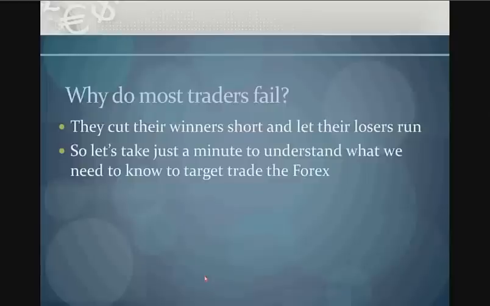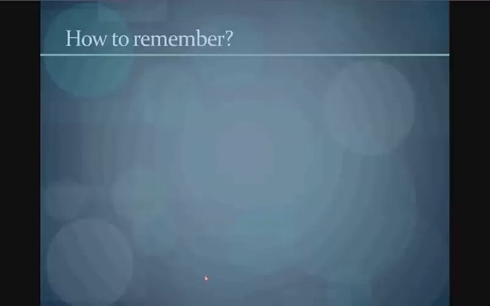So let's just take a minute to understand what we need to know to target trade in the Forex. How do we remember what we need to know? It's a little acrostic that we came up with that says we got to trade for pips daily. Each one of those first letters stands for something we got to know in the market. The T stands for the trend.